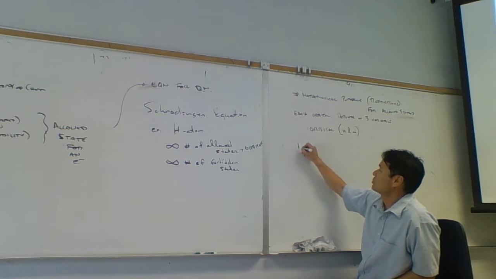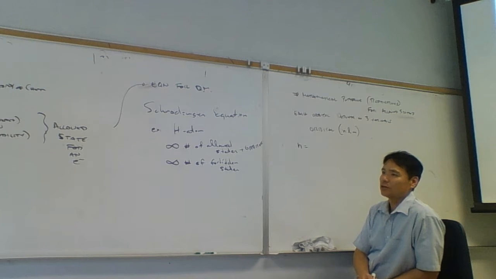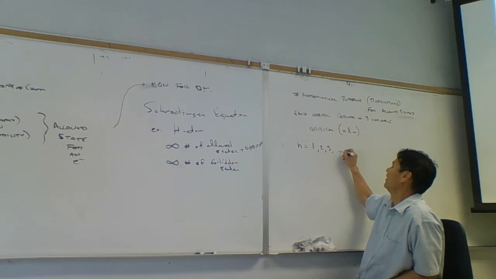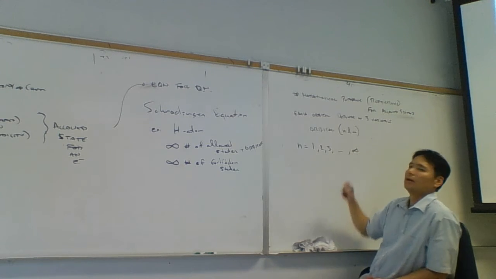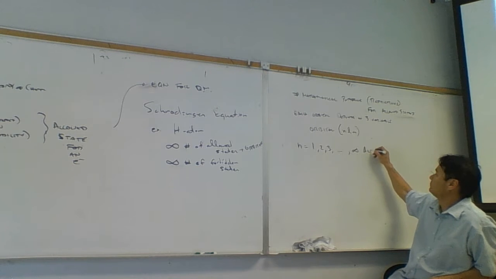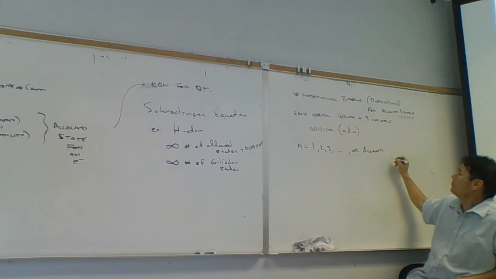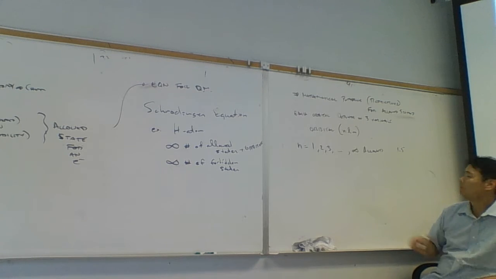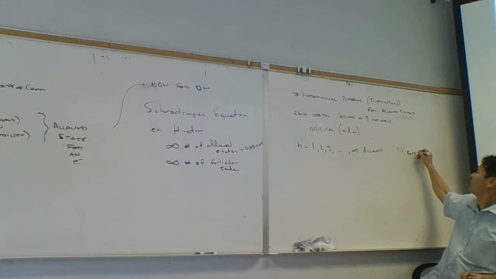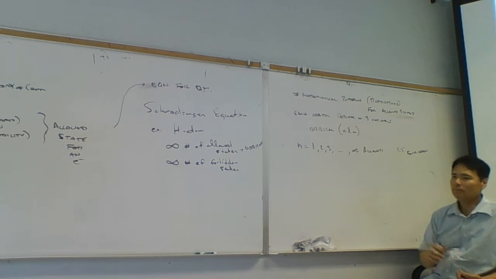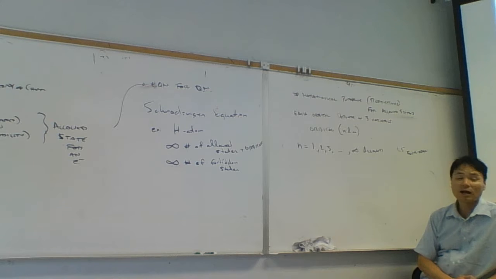In order to solve the Schrodinger equation, n has to be an integer, like 1, 2, 3, all the way to infinity. And so these are allowed. What about 1.5? Is that allowed? 1.5 is forbidden. This would not result in a solution to the Schrodinger equation.